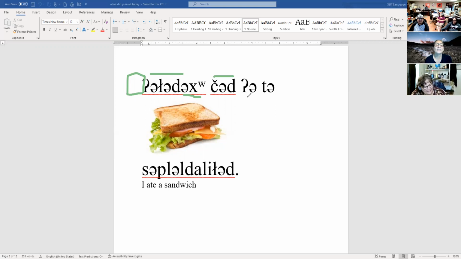Saplal dal ethid. Saplal is bread or flour, and dal ethid is food, so bread food.